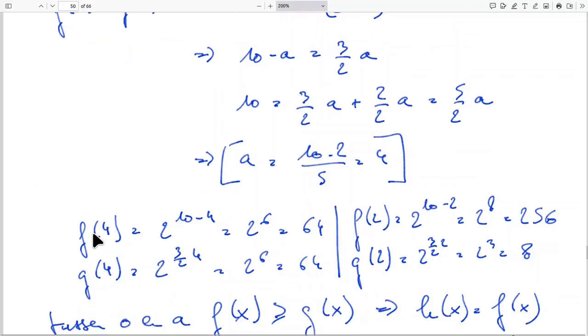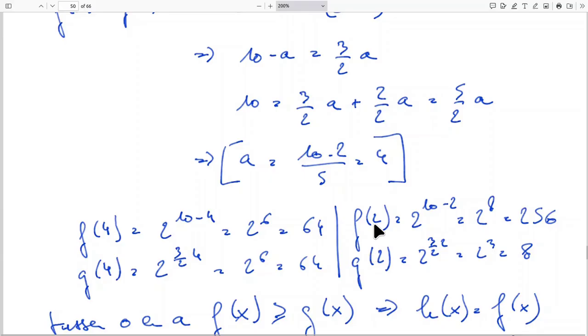Okay, we can then calculate f of 4 and g of 4. So f of 4 is 2 to the power of 10 minus 4, or 2 to the 6th, which is 64, and g of 4 is 2 to the 3 halves of 4, which is also 2 to the 6th, also 64, so that pans out. Now, which one is the smaller?